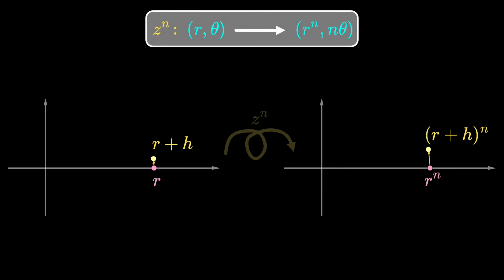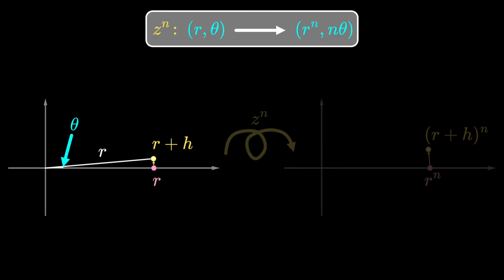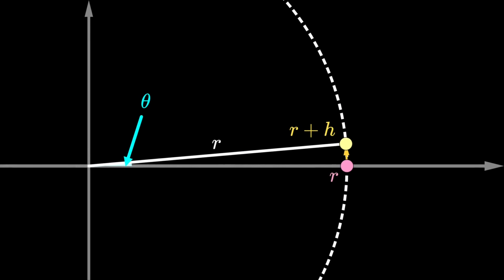We are about to harness the full power of complex numbers. The idea is to make this new point have polar coordinates (r, θ) for some very small θ, which means this new point lies somewhere on the big circle of radius r. This means two things.